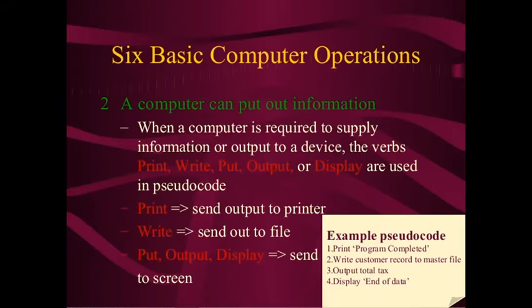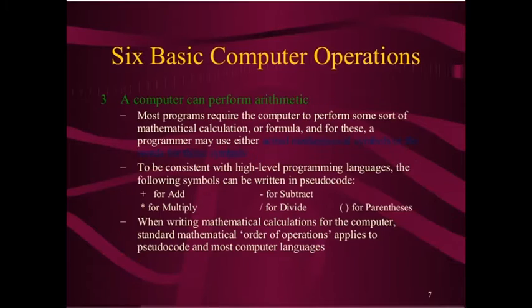In these operations, we perform output through the commands display, print, write. And we perform arithmetic operation through addition, multiplication, and parentheses, and the order of operation applies to pseudocode.